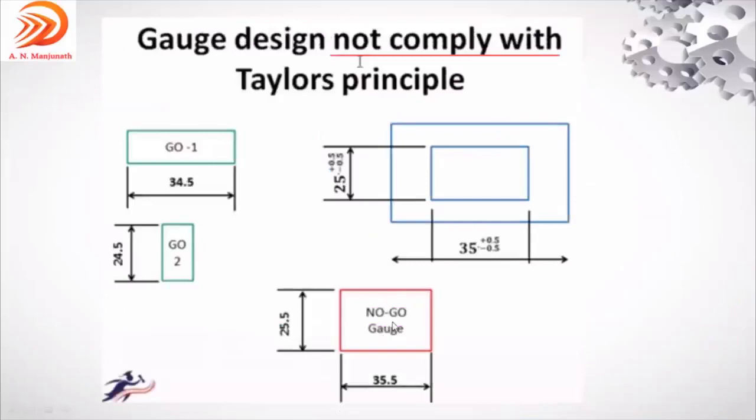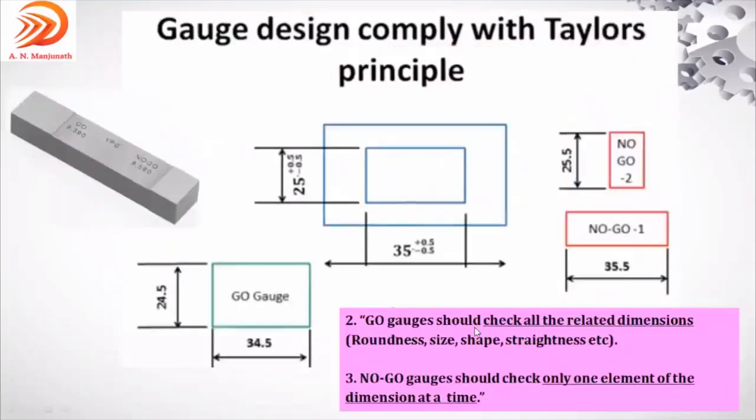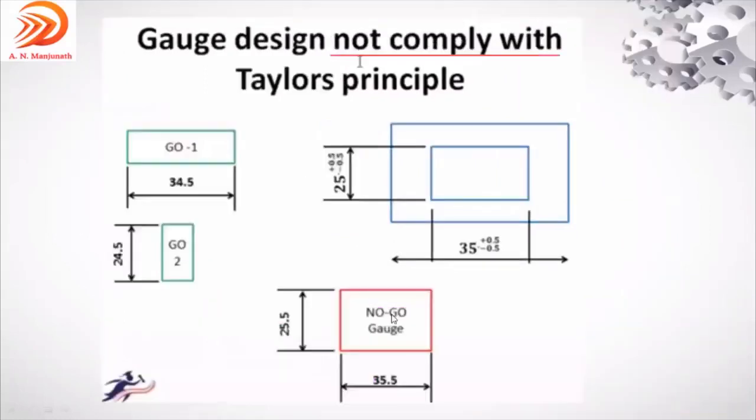As per the statement, the go gauge should check all the related dimensions, and the no-go gauge should check only one element of the dimension. Here, is it possible to comply with that statement? It is not at all possible. The go gauge is checking only one element of the dimension at a time.